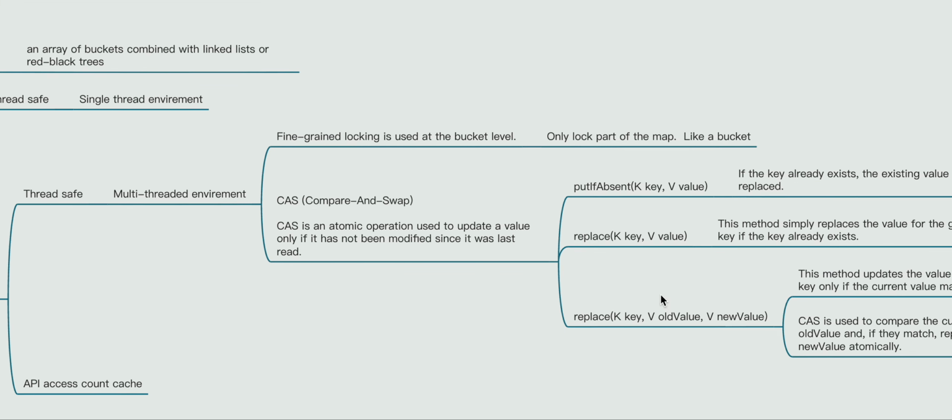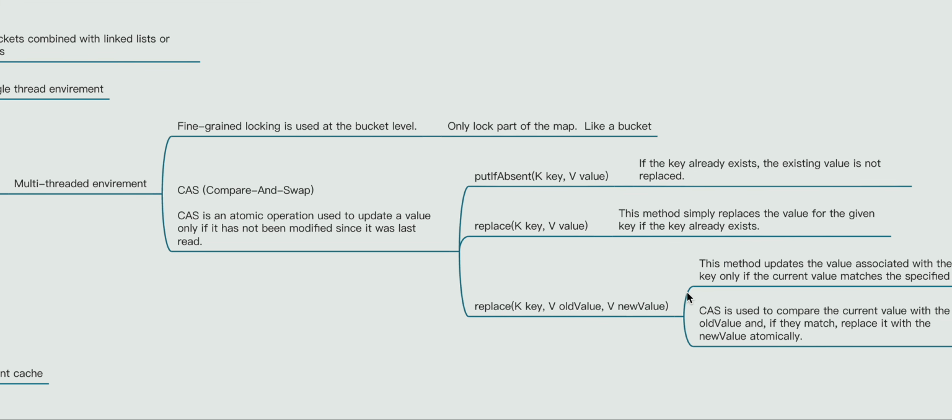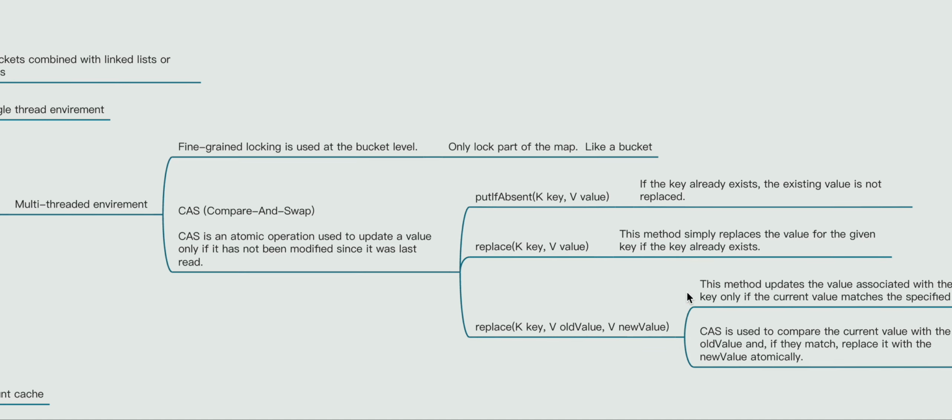And inside ConcurrentHashMap, there are several methods that support the CAS mechanism. For example, putIfAbsent. This is for inserting: if the key does not exist, this will insert successfully.